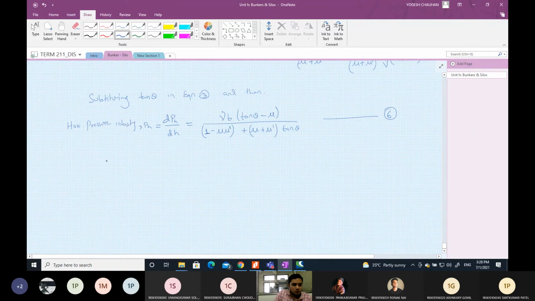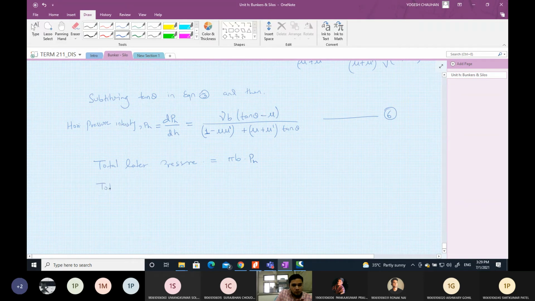Okay, so we can find the total lateral pressure. Total lateral pressure will be equal to the perimeter, that is pi, into the diameter, that is b, into this pressure intensity pH. Okay, note that this pH is the total horizontal pressure per unit length, and this is the pressure intensity.